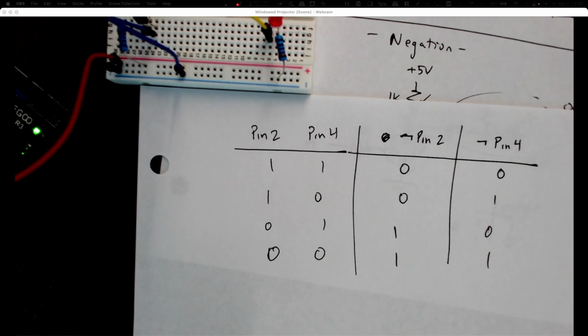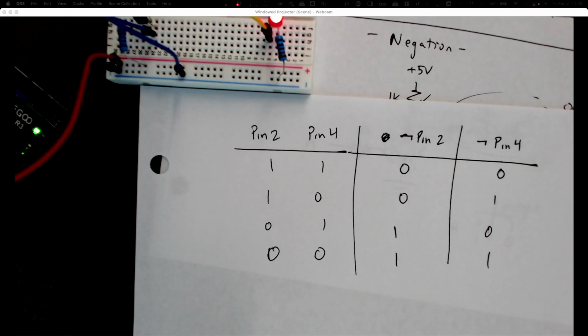This is a 1K. No, this is a 10K. So I'm actually surprised we could see it at all. So you saw how the light worked, but it was just really dim. That's because the resistor you had on it was too big.